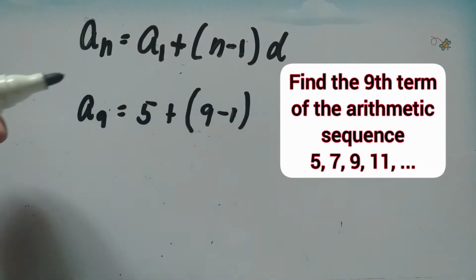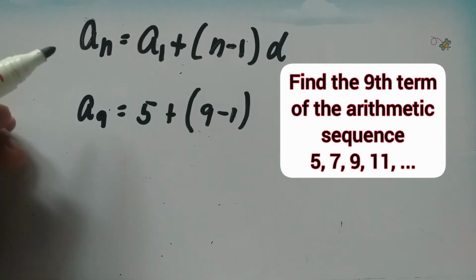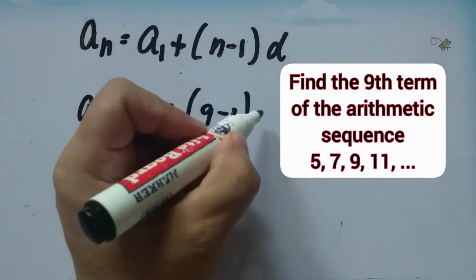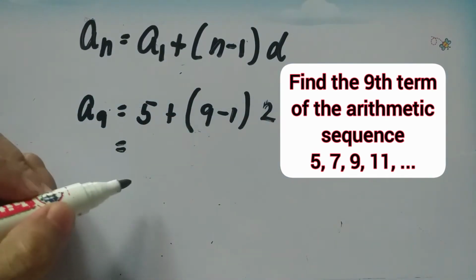We can find the common difference by subtracting the preceding term from the succeeding term. So 11 minus 9 is 2, 9 minus 7 is 2, 7 minus 5 is 2. Therefore, our common difference is 2. So let us solve the given problem.